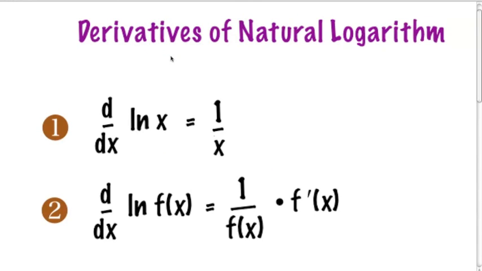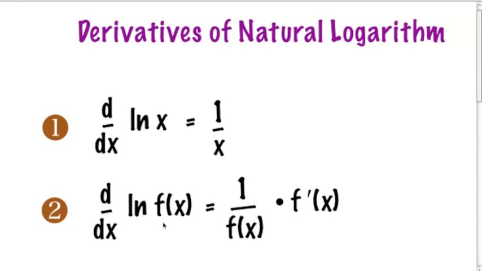Now we move on to the first part, which is the derivatives of natural logarithm. So these are two simplified versions of the formula that we must remember when we want to find the derivatives of natural logarithm. The first one, the derivative of ln x, we simply get 1 over x. And the second formula is for the derivative of ln f(x).